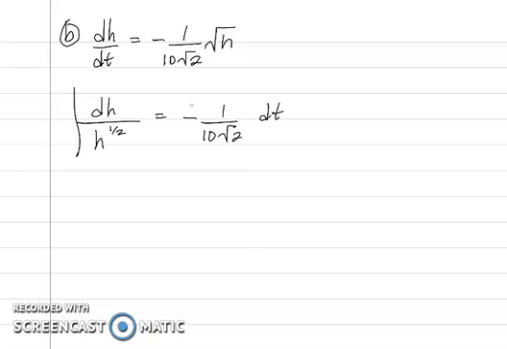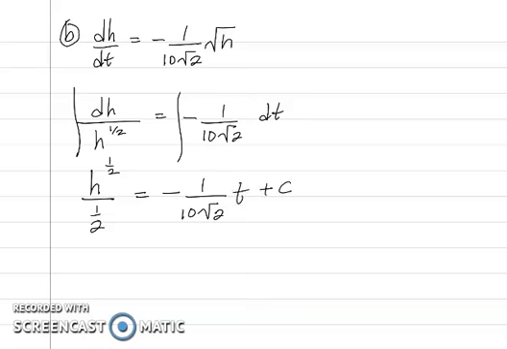Next, we can integrate both sides. First, it was h to the minus a half. Therefore, I would increase the power by 1. Minus a half plus 1 is a positive a half. Then I would divide by the new power, which is a half, and this would be equal to minus 1 over 10 root 2 times t plus c, which is the constant of integration.